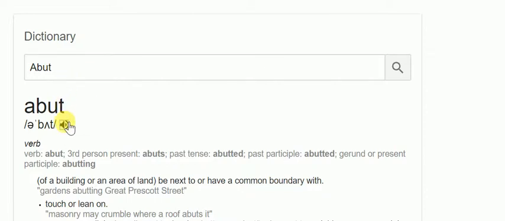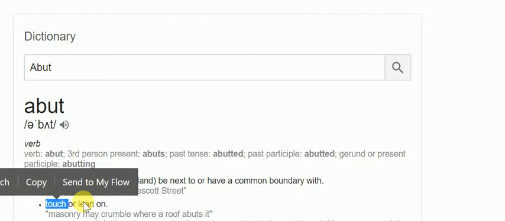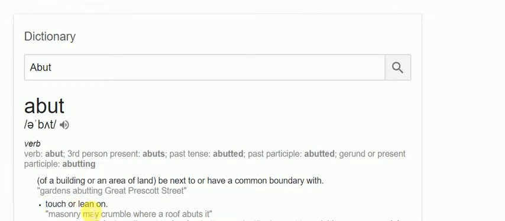Abut. Its meaning is to touch or lean on, to have a common boundary with. You can think of situations like sharing the border between two countries.